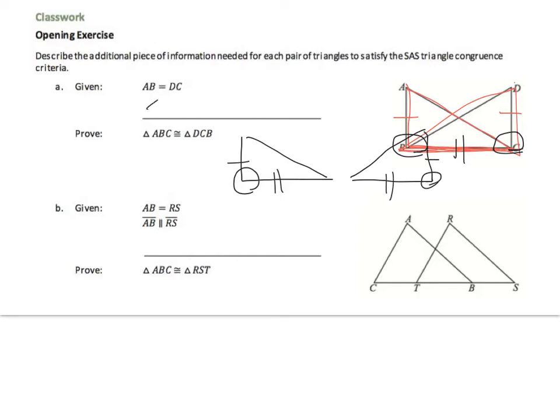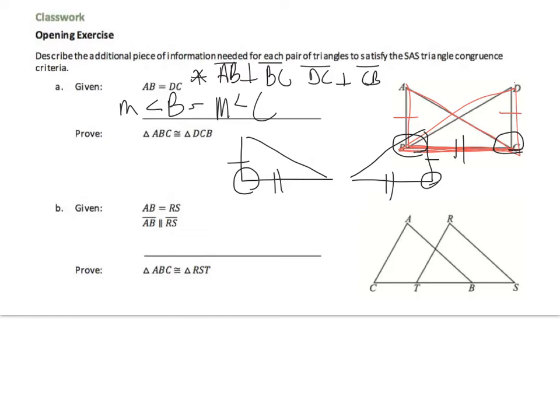So basically, we would need to know that the measure of angle B is equal to the measure of angle C. But they could also give us information like AB is perpendicular to BC, because if they're perpendicular, it's 90 degrees, and DC is perpendicular to CB, which are 90-degree measures, which would mean that they're equal in measure.